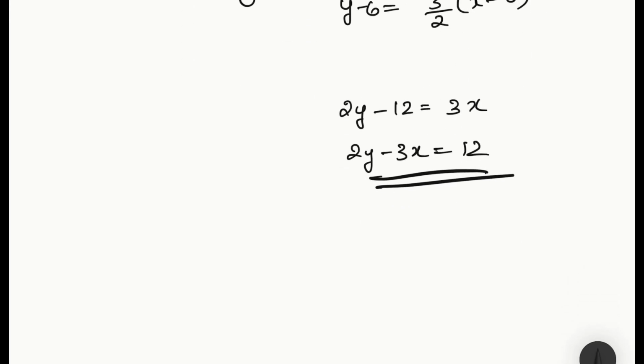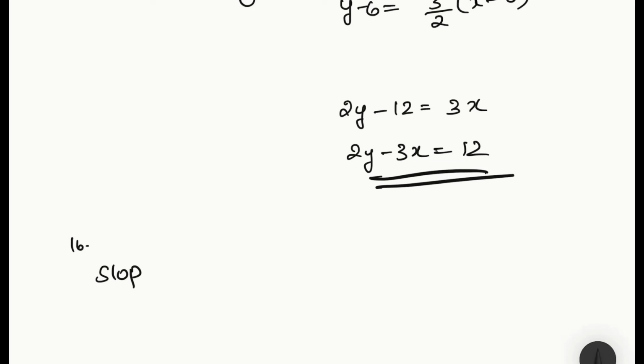Now similarly, let's do the 16th question. Find the equation of the line whose slope is given as minus 5 by 6 and x-intercept is 6. So slope and x-intercept are given in this case. So let us see how to do it. Let's write down the 16th question.